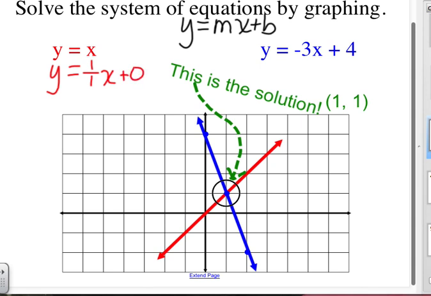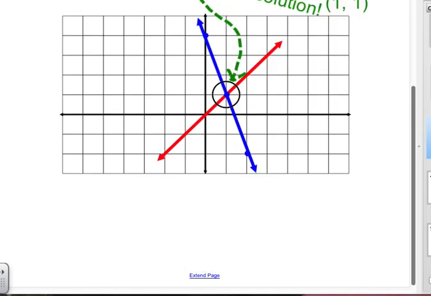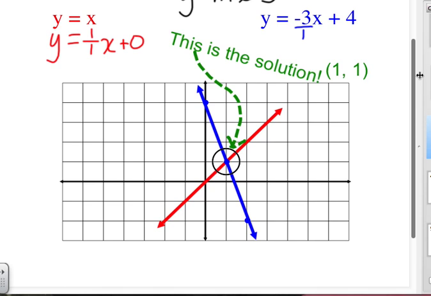I bet it does. And on the blue one, where it says y equals negative 3x plus 4, I like that to be over 1. I just think that helps with graphing and with finding slope and whatnot. So, here I am, I'm going to graph this red line, although it's actually already been graphed for me.